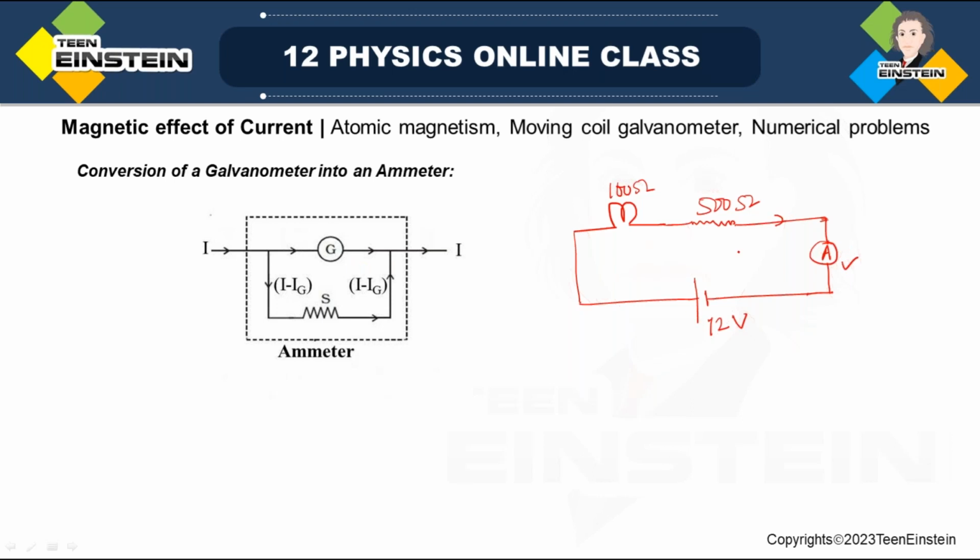Generally, an ideal ammeter should have zero internal resistance.